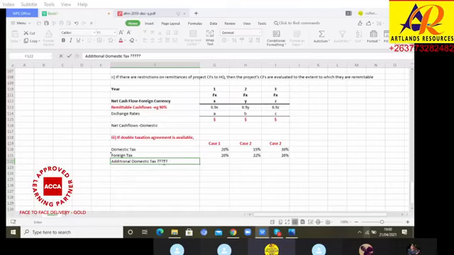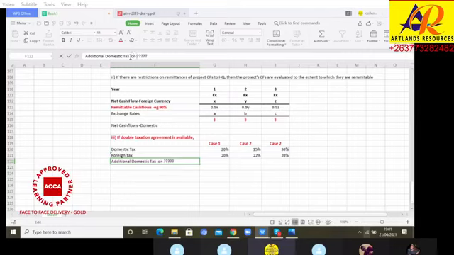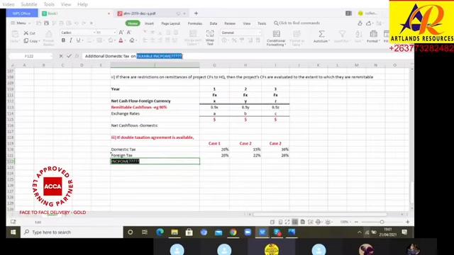Now this is domestic tax on taxable income. Remember, tax is not charged on cash flows, but on taxable income. Do we have to pay additional domestic tax on taxable income? Please just whisper to yourself that you are understanding this.